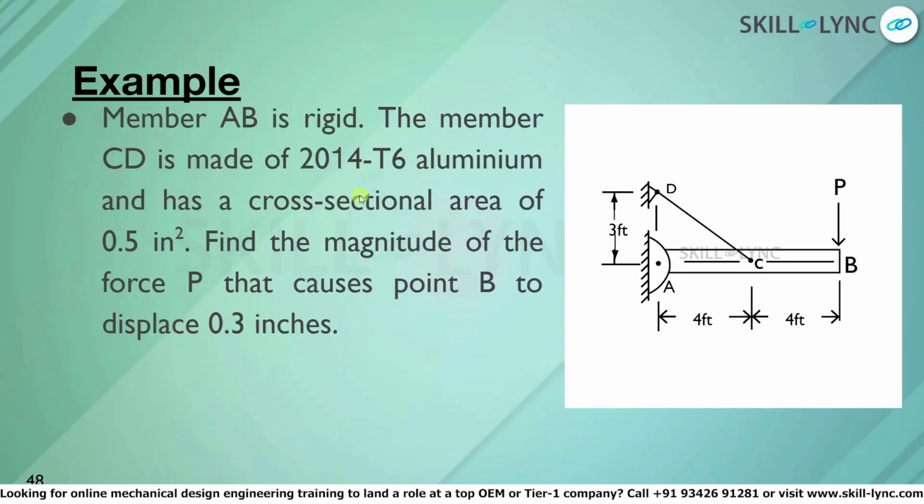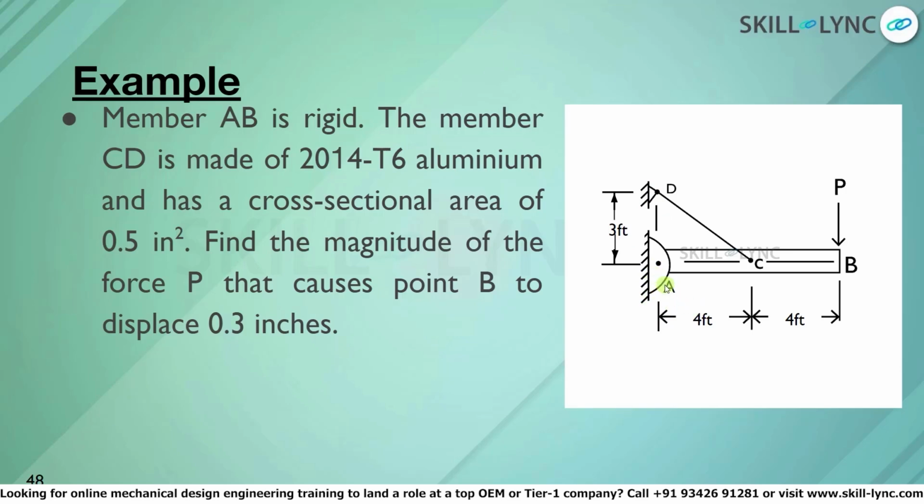So the problem which we will be seeing here will be from the given data. Member AB is a rigid member. We have one more member which is CD, and this CD member is made of 2014 T6 aluminium, and the cross sectional area of CD will be 0.5.